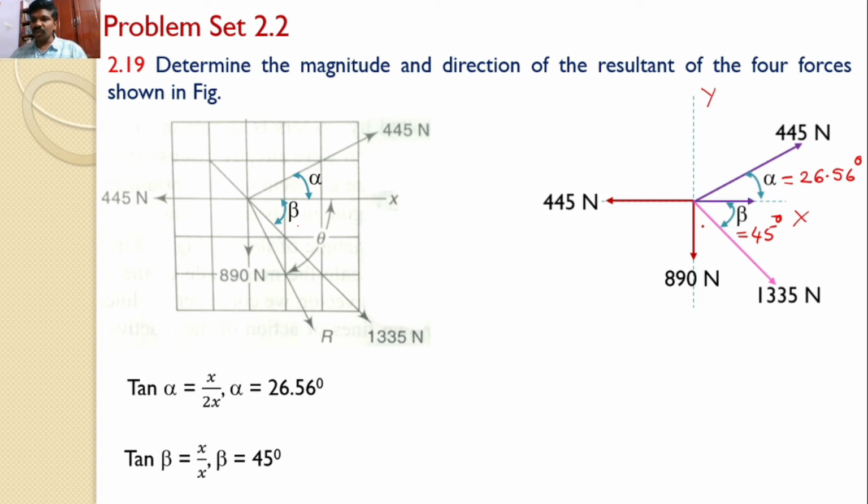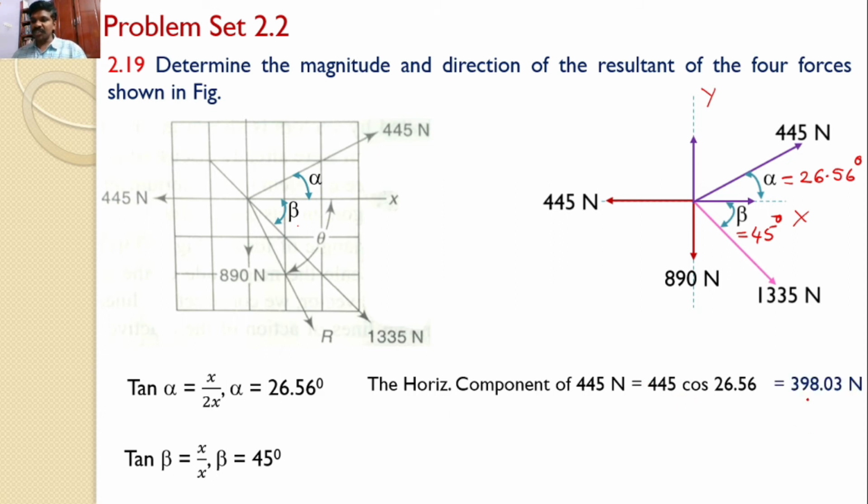If you resolve this force, the x component is like this, the y component of force is like this. Then what is the magnitude of the x component? This 445 newtons makes 26.56 degrees with the x-axis. Hence, the x component, the horizontal component of 445 newtons, is equal to 445 into cos 26.56, which gives 398.03 newtons.